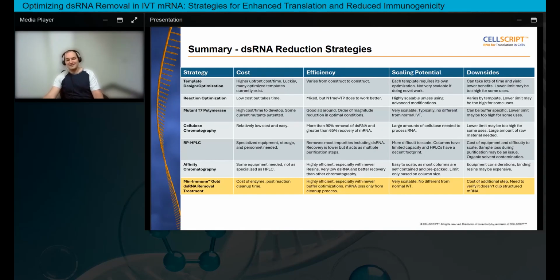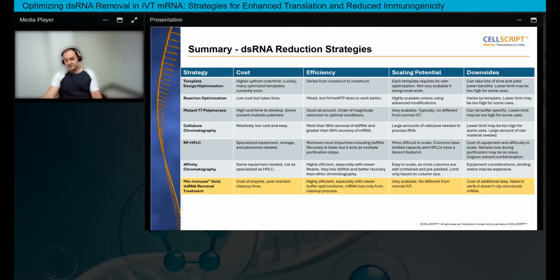But the problem is that they aren't super consistent. They can require a lot of time to optimize, but even if they do work, they may not give you the same results every single time. And even if they gave you those better results, those results may not be good enough depending on the use that you're going to have for that RNA.